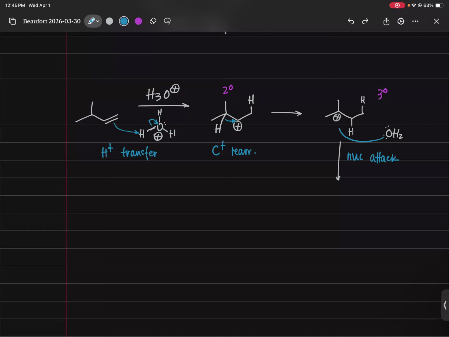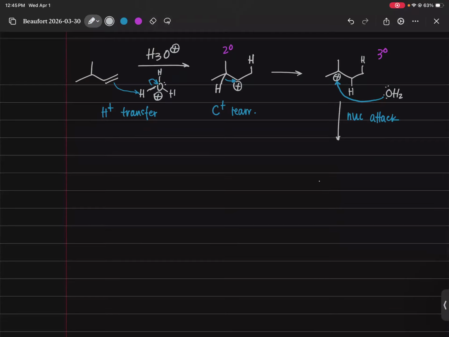So we're going to make a bond to the carbocation. And remembering that when we're making this oxygen-carbon bond, the two hydrogens on the oxygen stay with it. Okay, and that gives us an O plus.